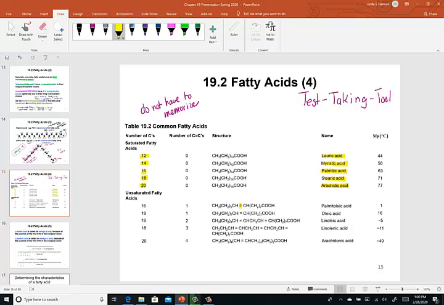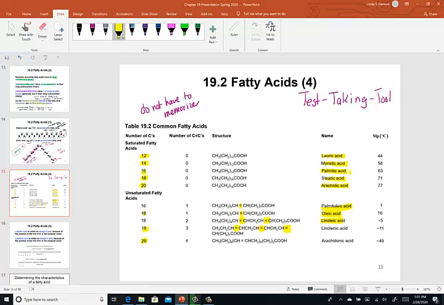Now let's go to the unsaturated fats, which contain at least one double bond, sometimes more. 16 carbons with one double bond is palmitoleic acid. Now that sounds like palmitic, so make sure you see that distinction. Here's a carbon chain with 18 carbons and one double bond, and that's oleic acid we just looked at. 18 carbons but with two double bonds is linoleic acid. 18 with three double bonds is linolenic acid.